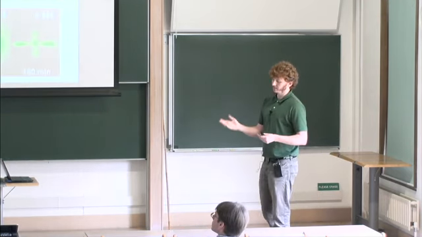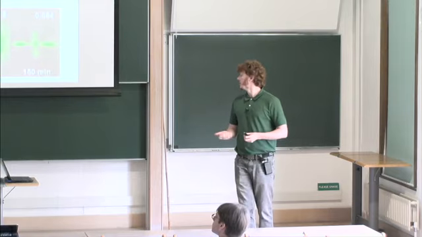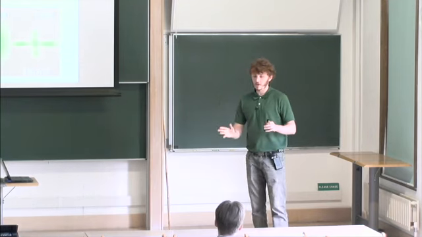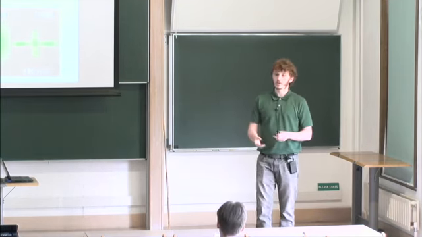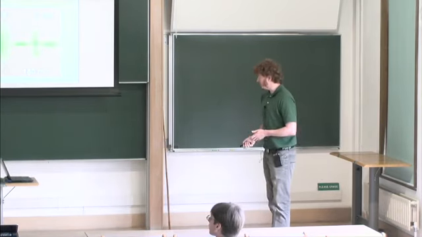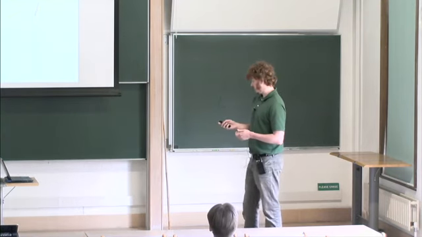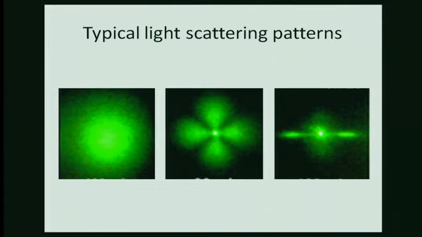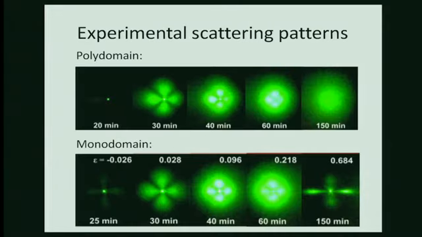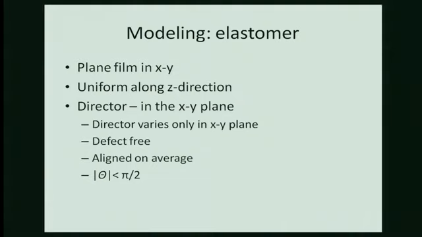Simulating the scattering process is quite hard, so I'll try to come up with the simplest system that produces scattering patterns which look like this, with this fourfold symmetry, and that would give some reasonable configuration of the director. So what assumptions do we make for the elastomer?